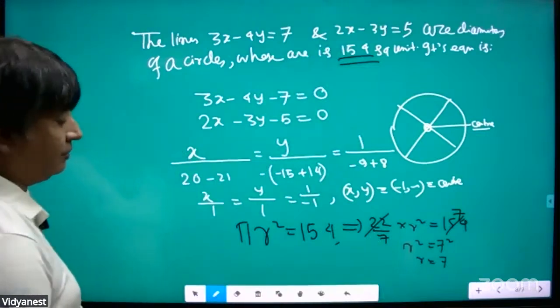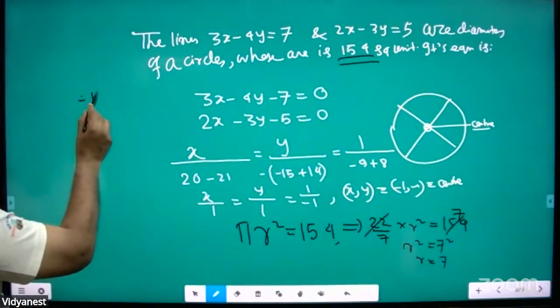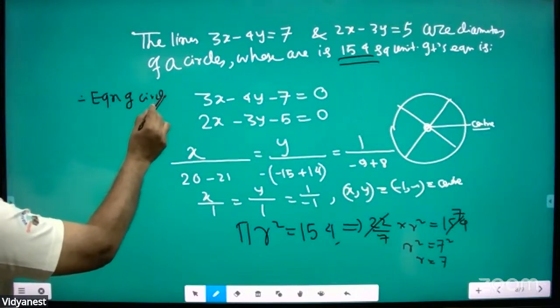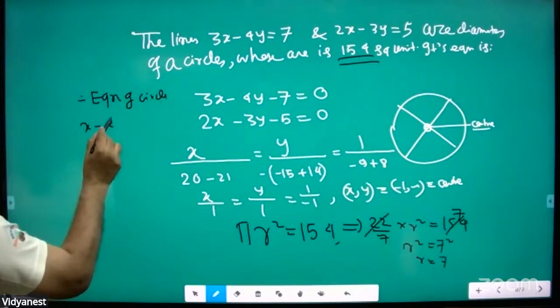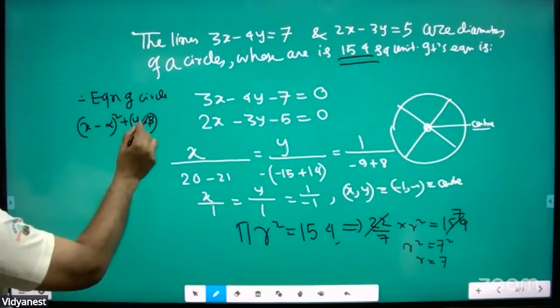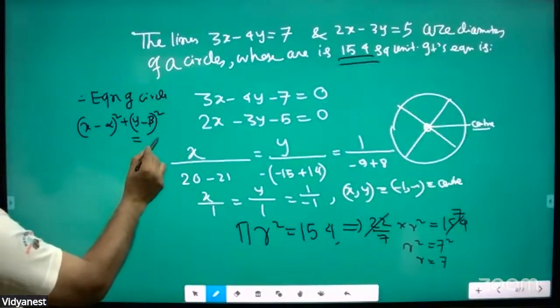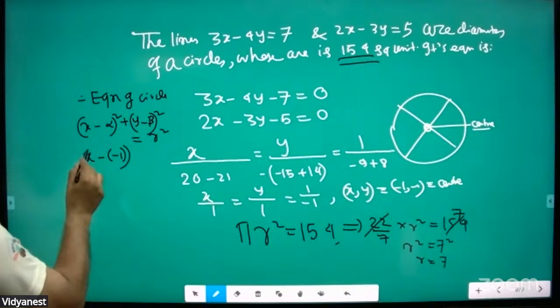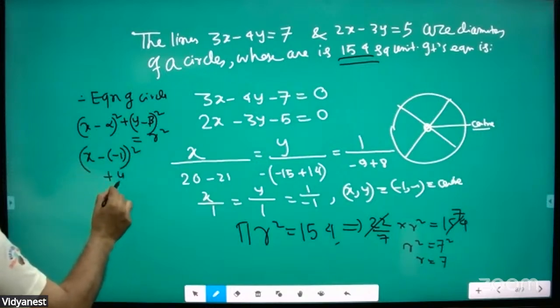So the equation of circle: (x minus alpha) whole square plus (y minus beta) whole square is equal to r square. Alpha is what? Minus 1. Beta is what?